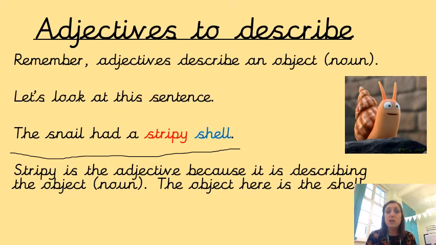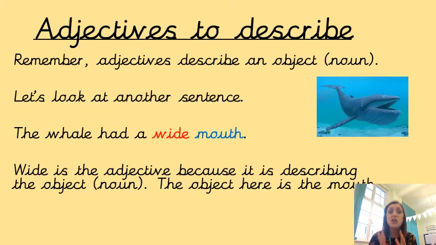And the word in blue is the object, or what we call the noun. Stripy is describing the shell. So the snail had a stripy shell. Stripy is describing the shell. Let's move on.